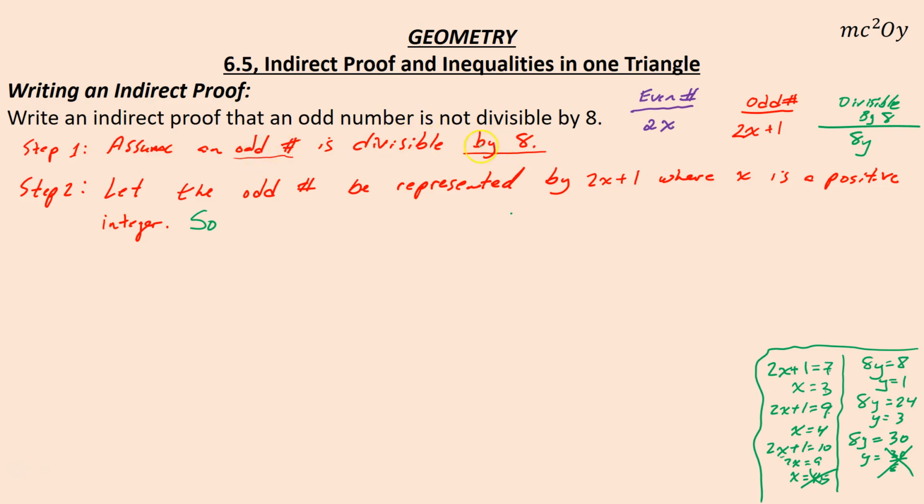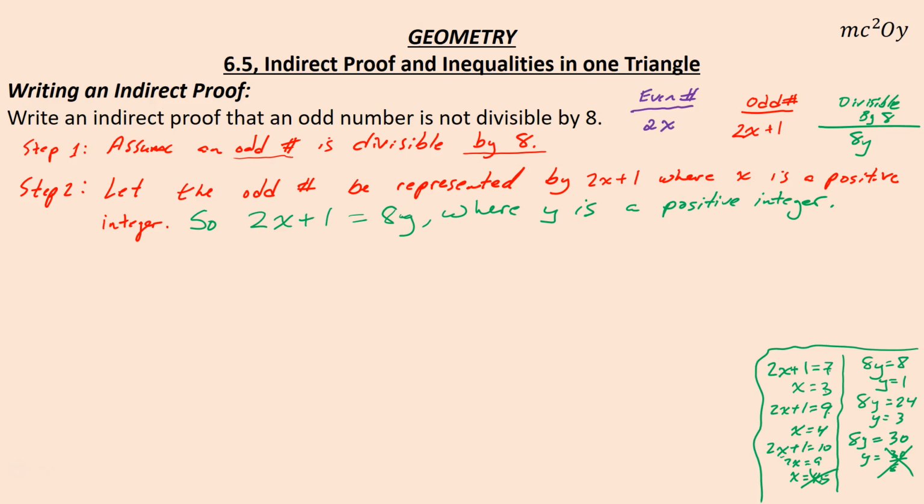So I want 2x plus 1, an odd number, to equal 8y, where y is a positive integer.